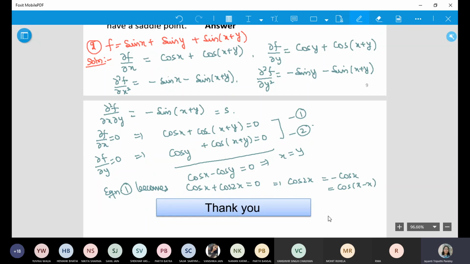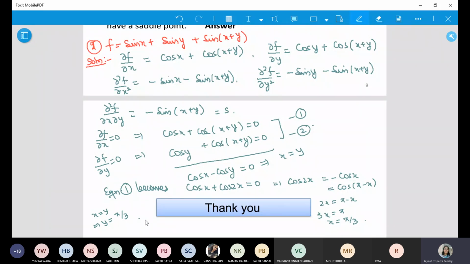Yes or no? Cos(pi minus theta) is minus cos theta. So 2x is pi minus x. We will not try to write it in the series. So 3x is pi, x is pi by 3. Since x is equal to y, y is also pi by 3. Till here, is it clear to you?